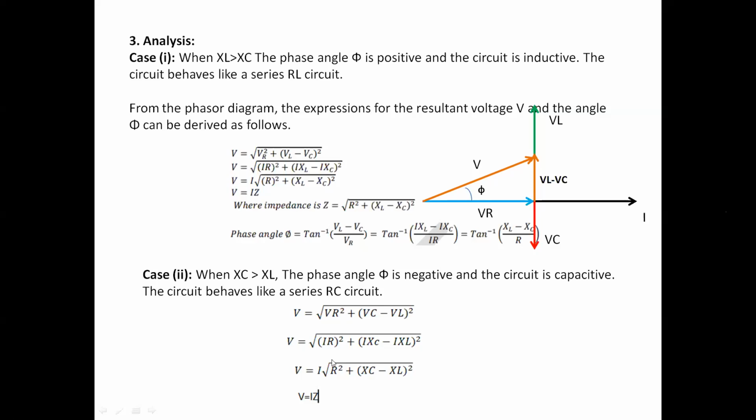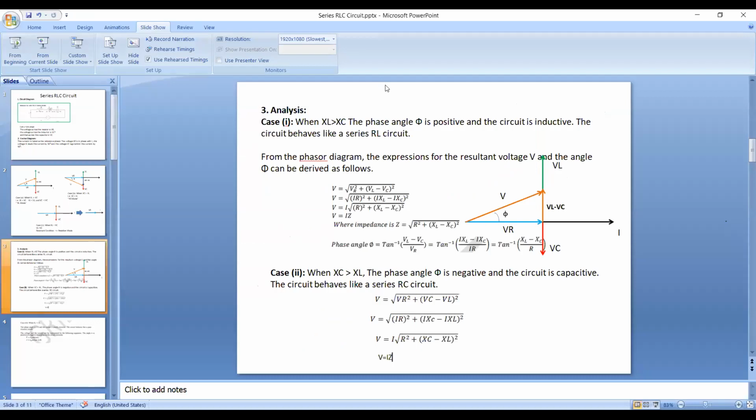Over here, Z is nothing but this portion. This is my Z. So Z is under root R square plus Xc minus XL the whole square. If you compare the impedance of case 2 with case 1, more or less the representation remains the same.